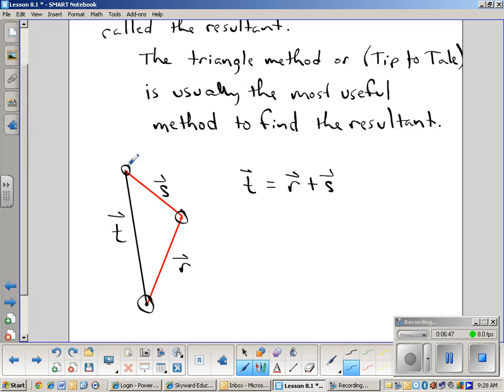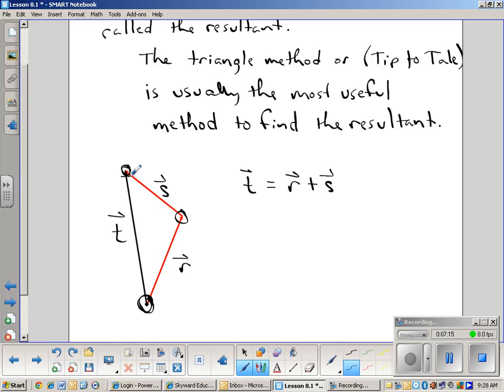Well, the resultant is going to be, if I just want one vector that represents where I started and where I ended, that's the black vector here, vector T, that starts here, ends there. Okay, so the resultant shows where you really started and ended if you apply those two or more vectors.